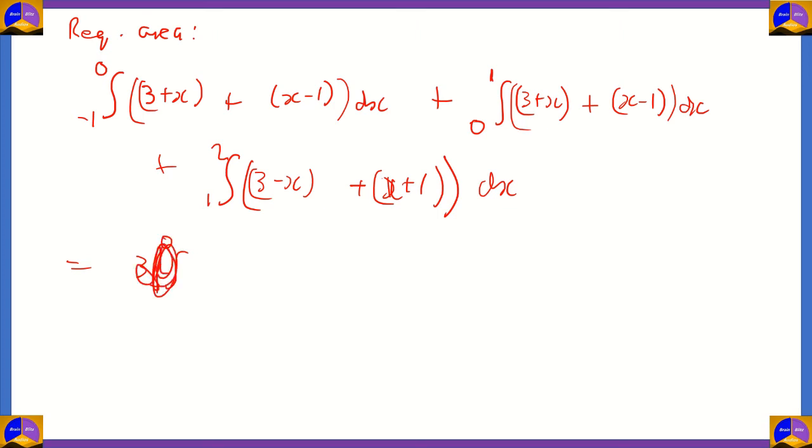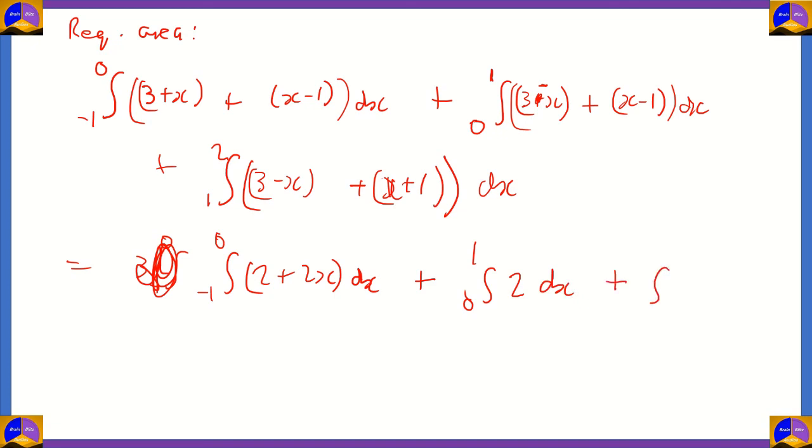Instead of doing that, we can just combine the functions inside the brackets, so you'll get integral -1 to 0, 3 minus 1 is 2, x plus x is 2x, so 2 plus 2x times dx, plus integral 0 to 1, and then you'll have x plus x gives you 2x, and now in this scenario what basically happens is that over here it becomes negative, because this part also becomes positive, so minus x plus x gives you 0, 3 minus 1 gives you 2, so integral 2 dx.